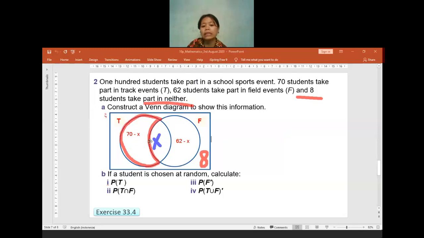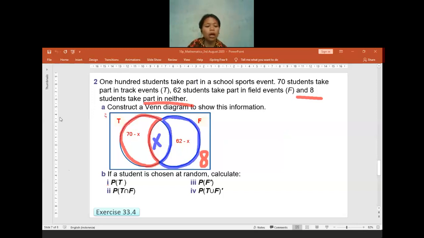But in the middle, I already put X. So the other part that I put in red highlighter will be 70 minus X. Same thing for F. If it is the full circle of F, it will be 62. But there is the intersection part, which equals X. So the rest will be 62 minus X.